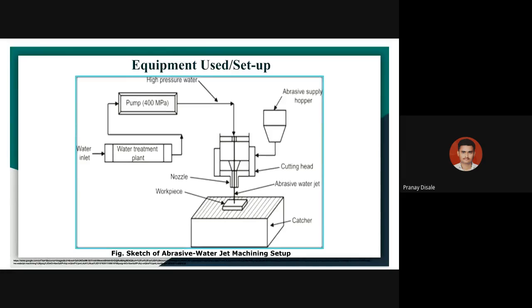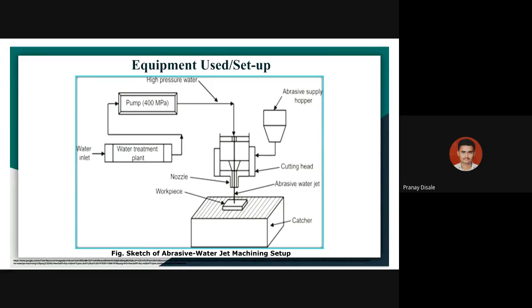Okay, so we have the pumping system. That pumping system will produce a high velocity water jet by pressurizing the water to more than 400 megapascal. How will the pumping system increase pressure?